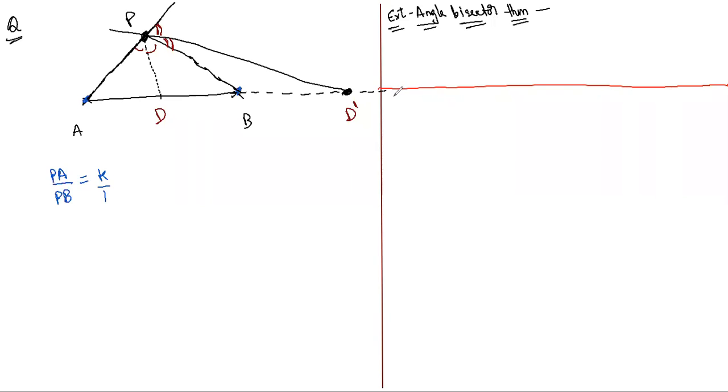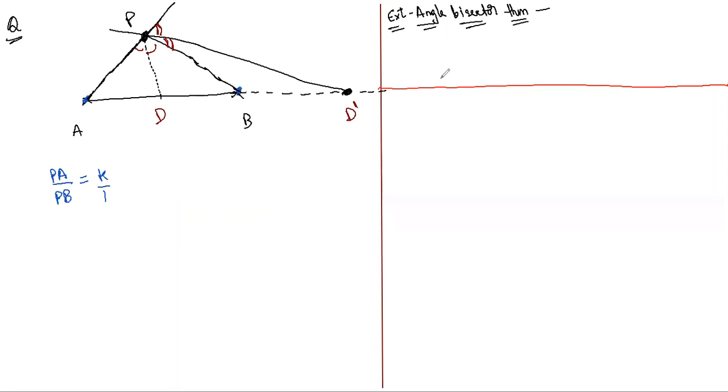Sir, the bisector will divide the opposite sides in the same ratio. Bisector will. थोड़ा बोलिए mathematically. Just tell some equation. कुछ equation बोल सकते हैं? बाबू, विशाल, कुछ mathematical equation.